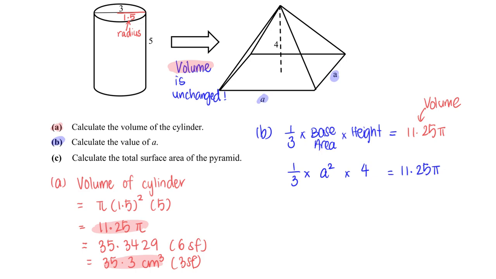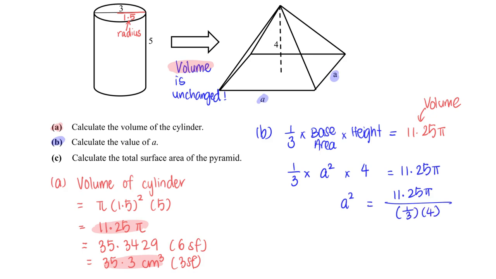So from here, I would then be able to get the following answer. My A square is simply equals to 11.25 pi. I will just need to divide by 1 over 3 and divide by 4.